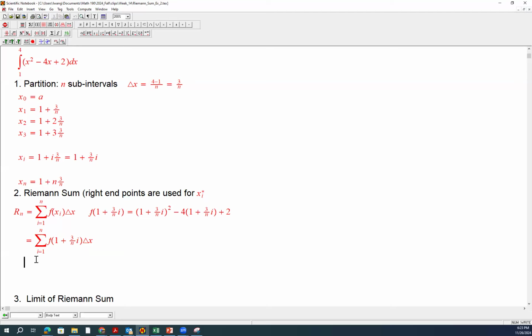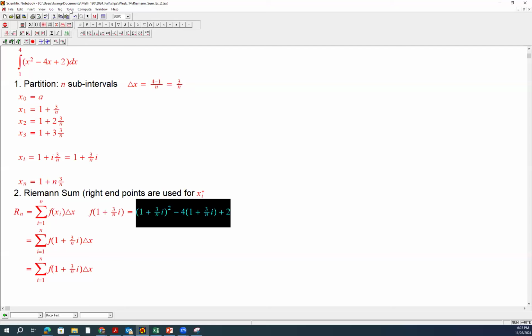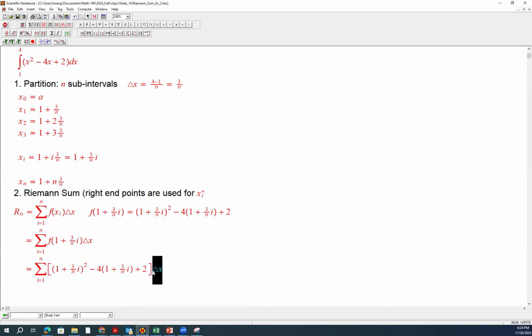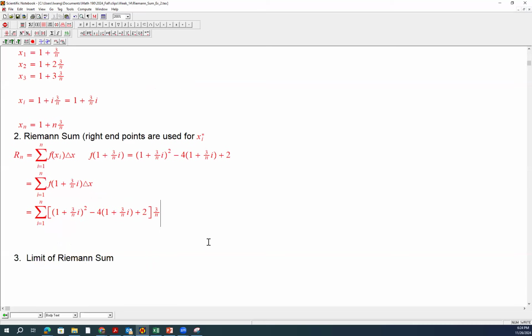Equals, that whole piece will be replaced by its equal, which I'm going to put inside a bracket. Delta x is 3 over n.